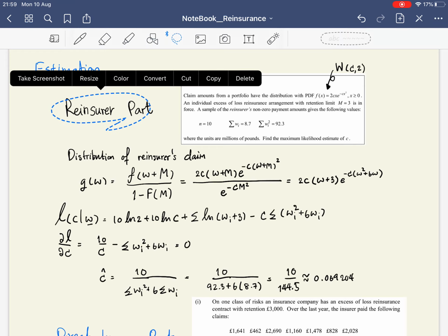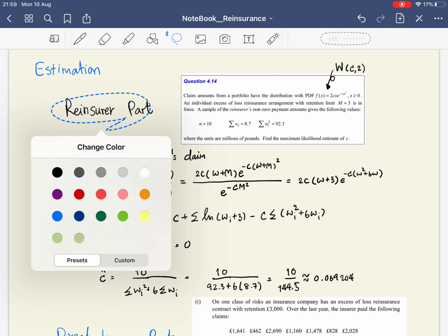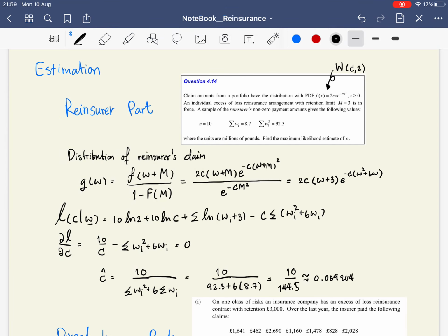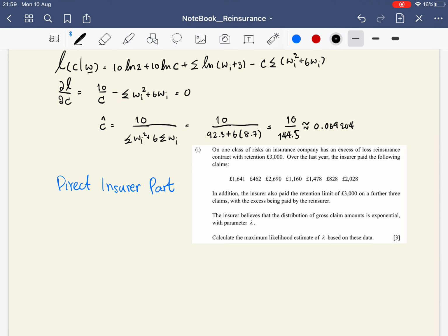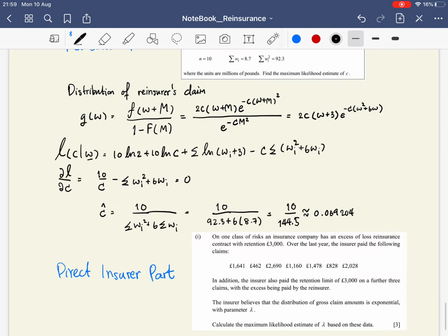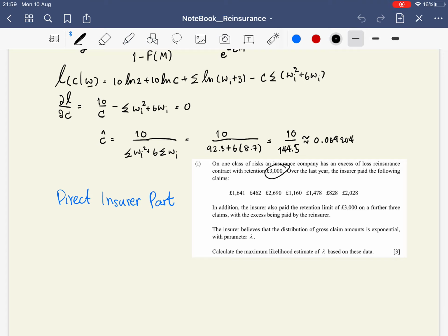Okay, so let's talk about the other part. What about the direct insurer? The direct insurer has no clue about the claims that exceed the retention limit. So let's say the retention limit is 3,000.